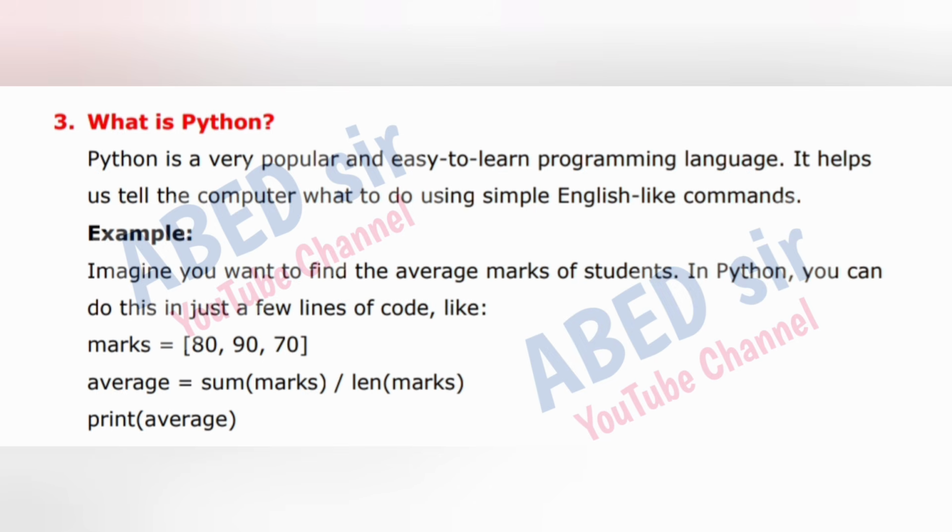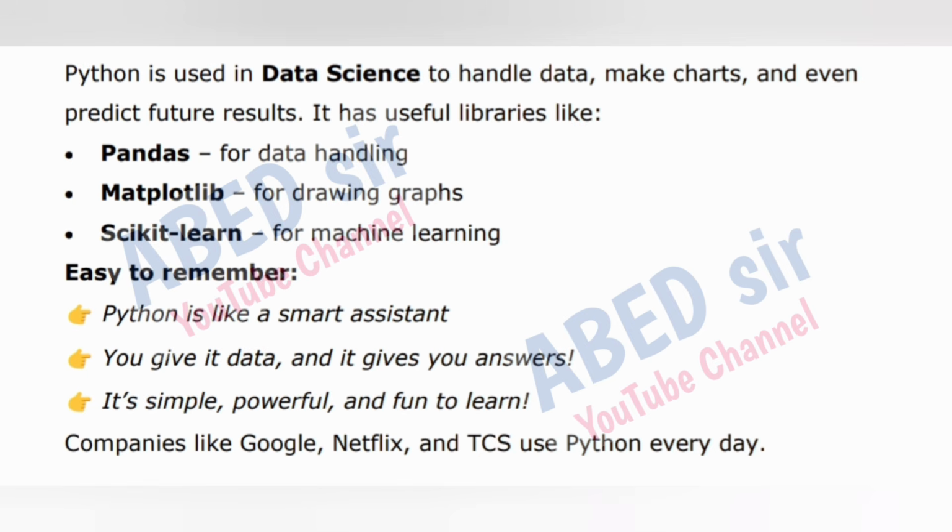In Python, you can do this in just a few lines of code like marks = [80, 90, 70]. average = sum(marks) / len(marks). print(average). Python is used in data science to handle data, make charts, and even predict future results.